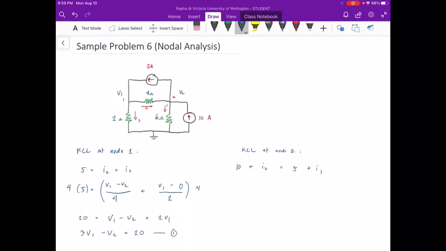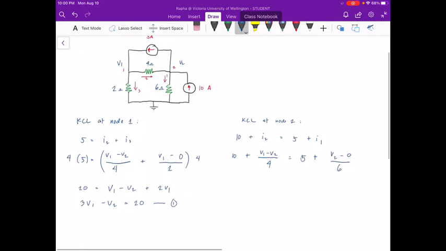Doing what we did in the KCL at node 1, we have to expand the currents according to their voltage over resistance equivalent. We have 10 plus I2. We've already derived the equivalent for I2. We have V1 minus V2 over 4 equals 5 plus I1. I1 will be represented by V2 minus 0 all over 6.